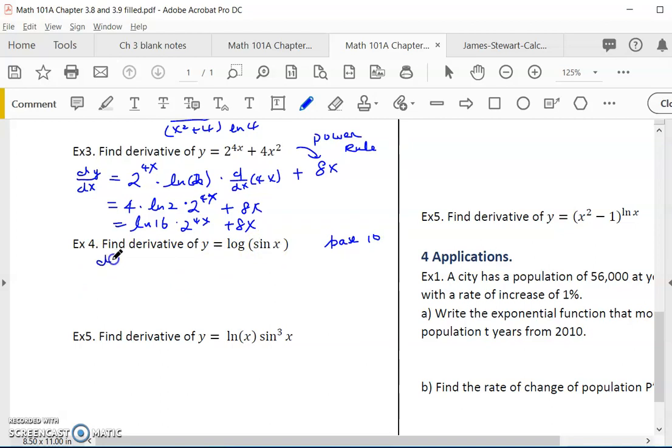So dy/dx would be 1 over the inside, 1 over sin x, and because it's log base 10, we have ln 10, times d/dx of sin x. The derivative of sin x is cosine x. So the answer is cos x over sin x ln 10. That's the answer.